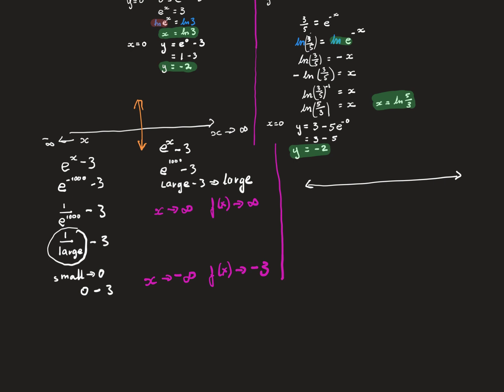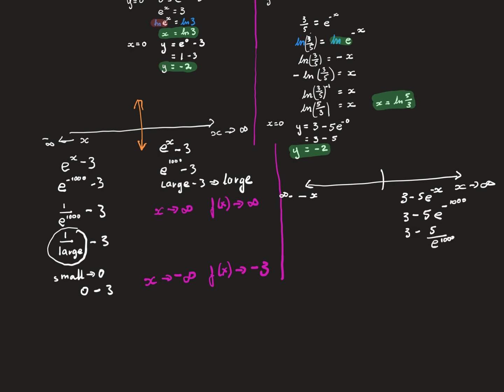Okay, we'll separate this and work the same thing on this side. So we've got x going to a very high infinity and x going to a very low infinity, minus infinity. And our function this time is 3 minus 5e to the negative x. As x goes to very, very large numbers, say x goes to 1000, this is really 5 over e to the 1000.